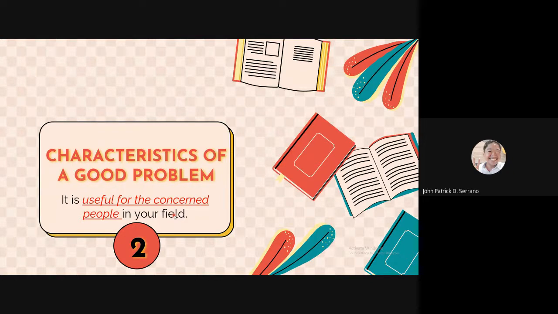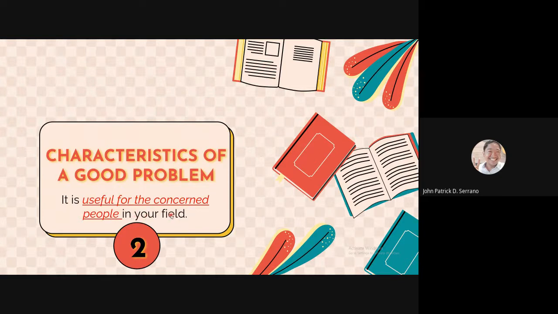Kasi halimbawa, kung merong problema sa kabilang school, tapos yun ang gagawan mo ng research, anong kalokohan yun? Ba't di mo sila hayaan na problemahin yung problema nila doon? Sa dinami-dami ng problema ninyo sa school ninyo, talaga problema ng iba, naisip ninyo. It must be useful to the concerned people in your field.